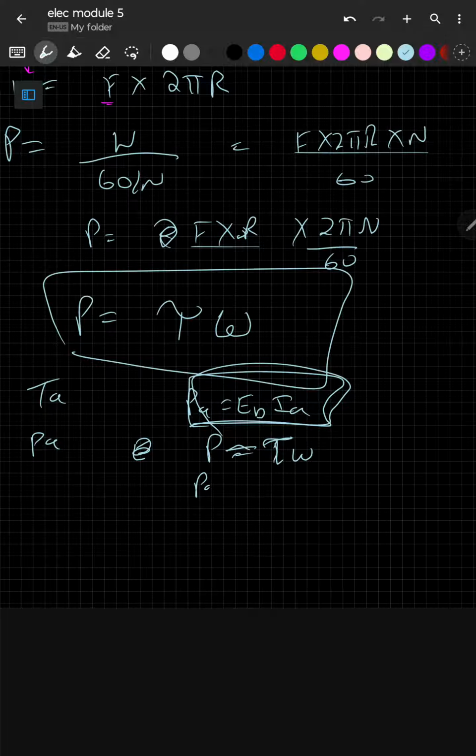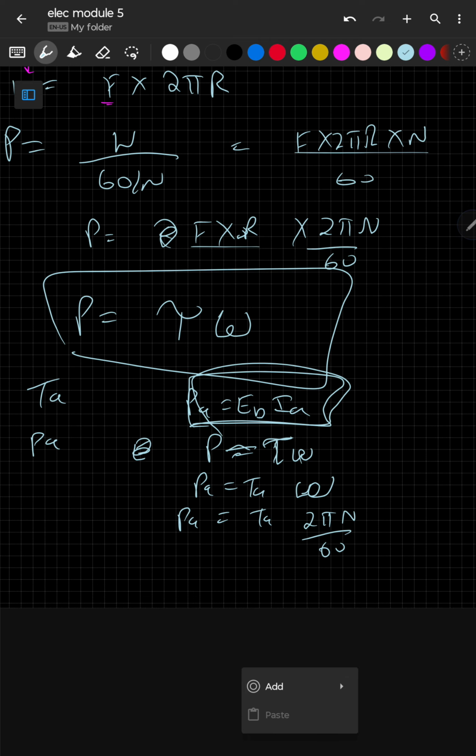So PA equals TA into omega, I can write. Can I? Cannot. So PA equals TA into 2 pi n by 60, and PA is EB IA. Don't write PA equals TA omega again. EB IA equals TA 2 pi n by 60.